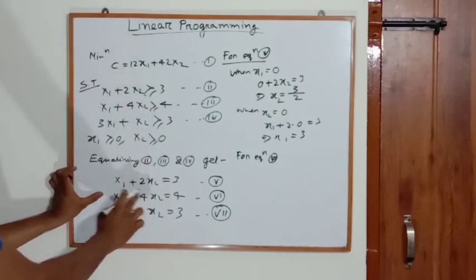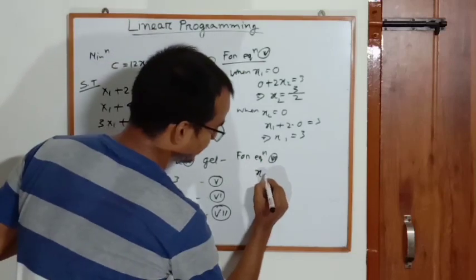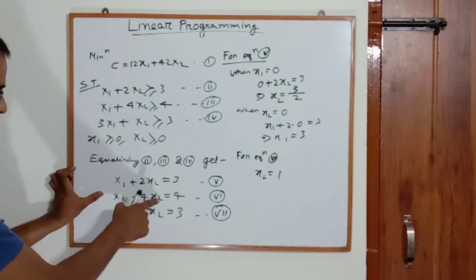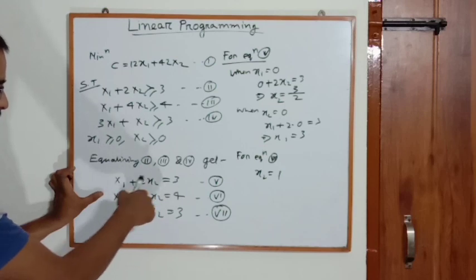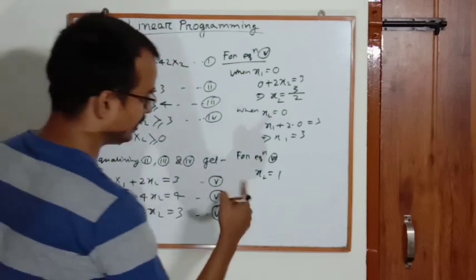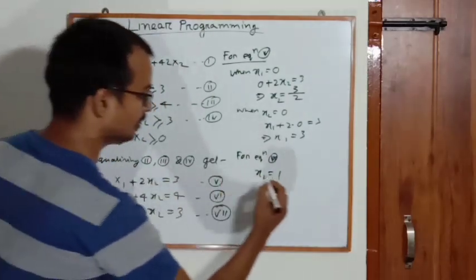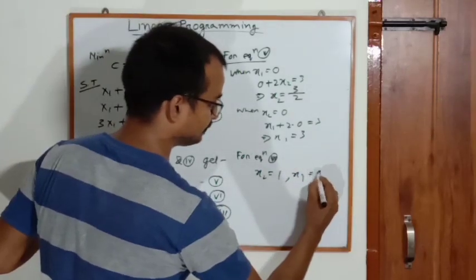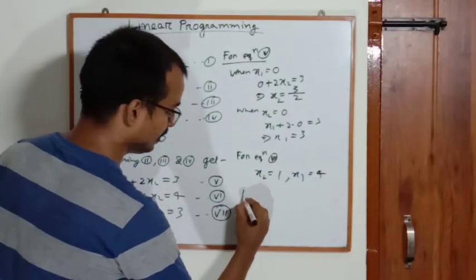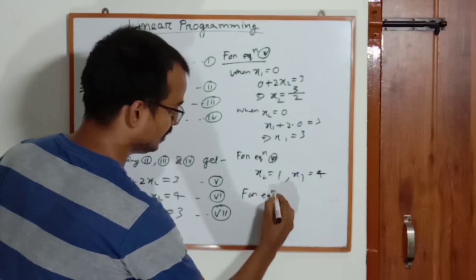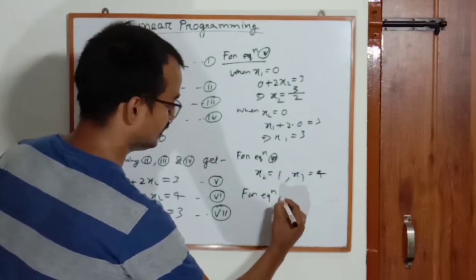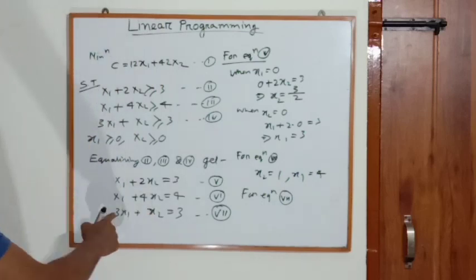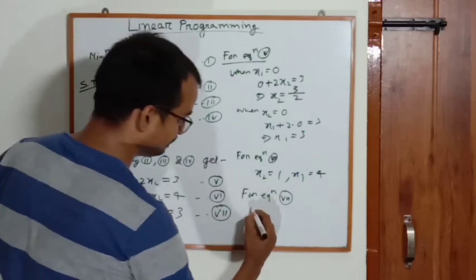If x1 is 0, x2 will be 1. You see, x1 is 0, 4x2 equal to 4, so x2 will be 1. And if x2 is equal to 0, x1 will be 4. For equation 7, if x1 is equal to 0, x2 will be 3.